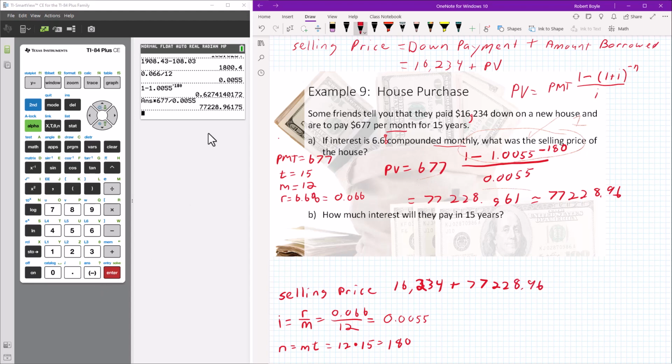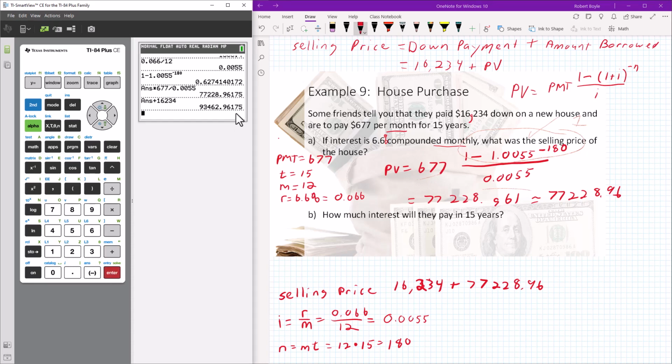So what we need to do here is add 16,234, and ignoring the 175 there, that will be your answer. It turns out that the cost of the house was $93,462.96.